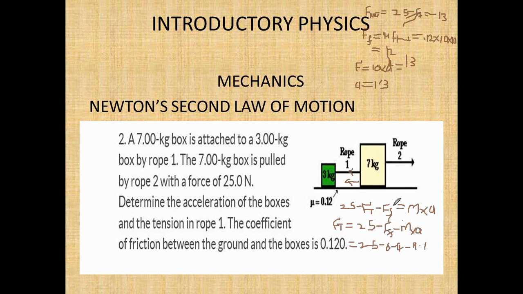The mass is 7, acceleration is 1.3, so that's 9.1. That gives us 17.5 from 25. So we have 25 minus 17.5, and that is equal to 7.5. So the tension in the rope is 7.5 newtons.